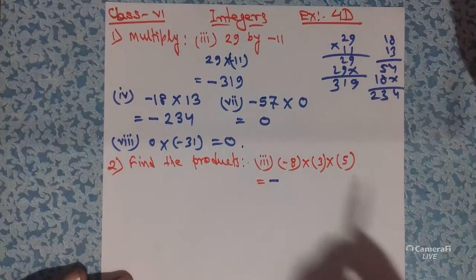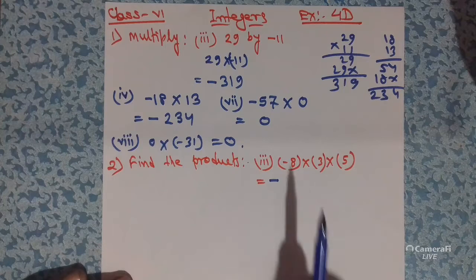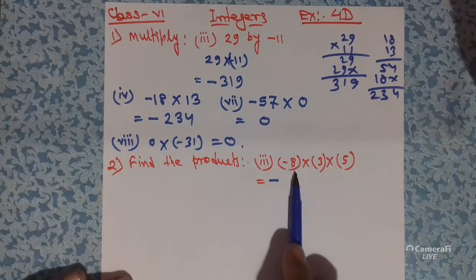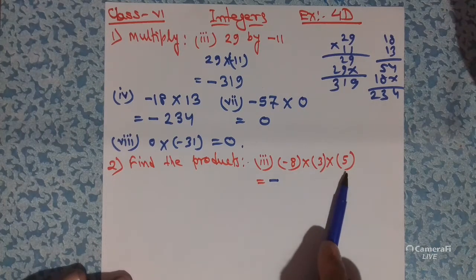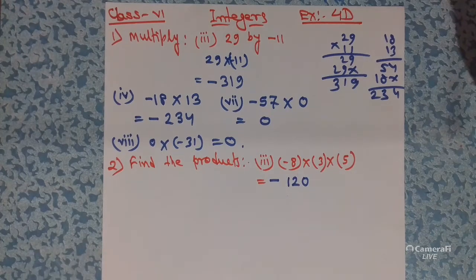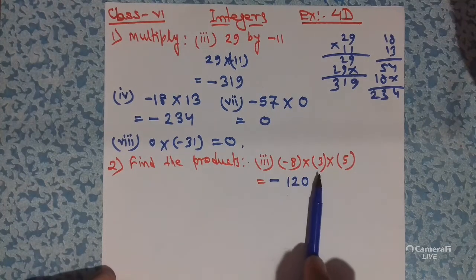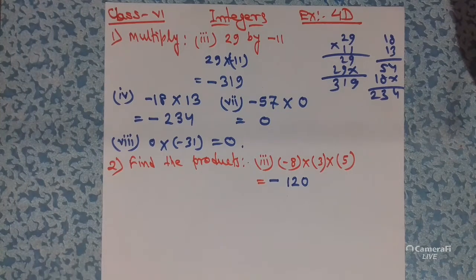So it will be negative. Now we have to multiply the numbers. 8 multiply 3 is 24, and 24 multiply 5 is 120. I repeat once again, 8 multiply 3 is 24, and 24 multiply 5 is 120.